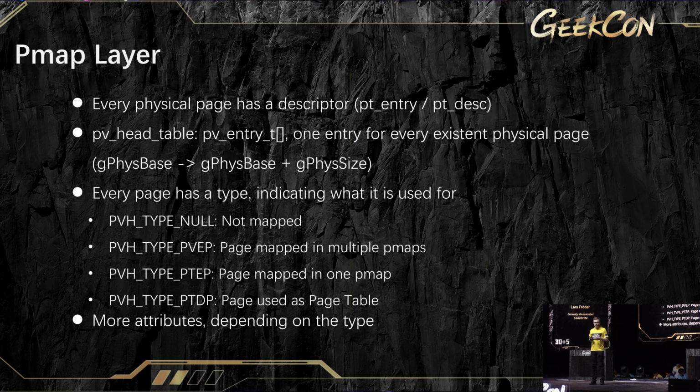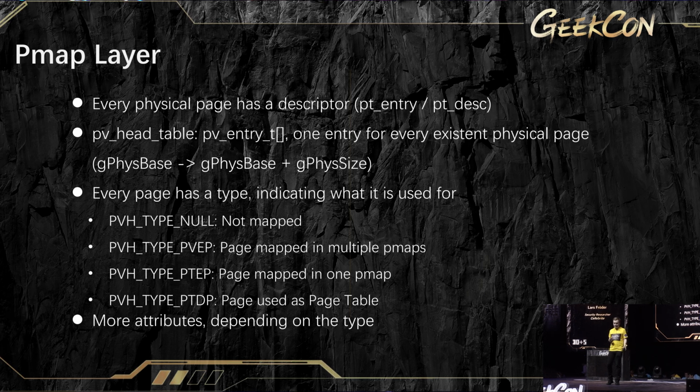This is important because later we will want to allocate a page table, and we need this specific type. If the page table we use doesn't have this type assigned, it will panic the system when the process exits, because the system will try to free the page table and it will have the wrong type. There are also more attributes depending on the type, but not relevant for now.